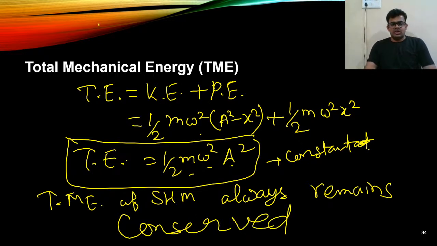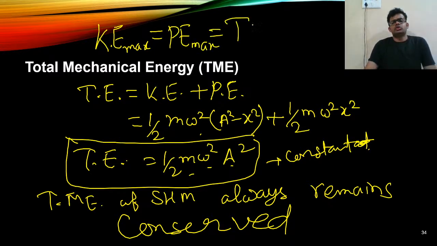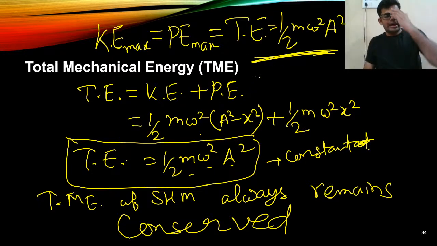Next, maximum kinetic energy is equal to maximum potential energy, which is equal to total energy, and that is half m omega square a square. This you need to remember. When kinetic energy is maximum, potential energy will be minimum, and when potential energy is maximum, kinetic energy will be minimum.